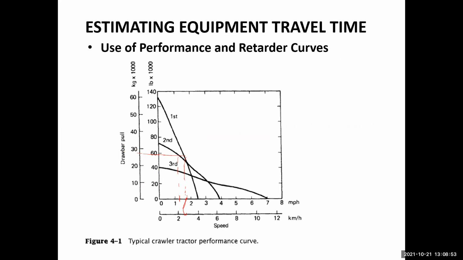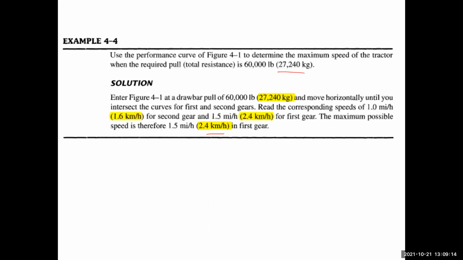So this chart can be used to calculate the speed of the machine, the tractor, but of course not for the truck. This chart can be used for typical crawler mounted machines, which move relatively slowly.